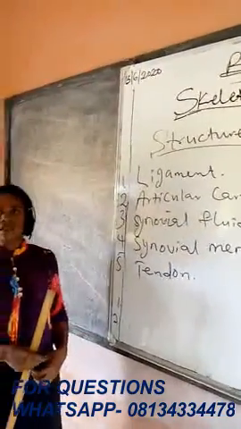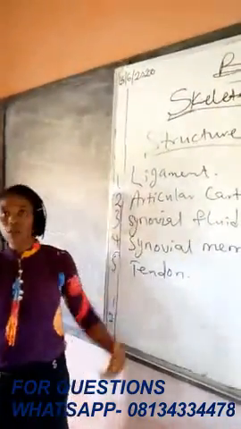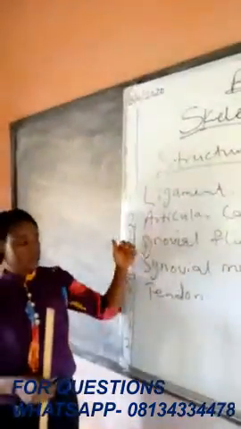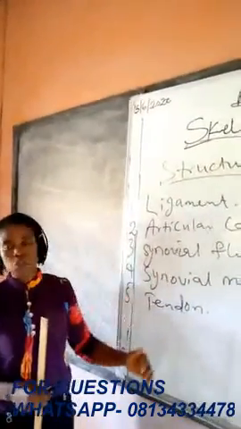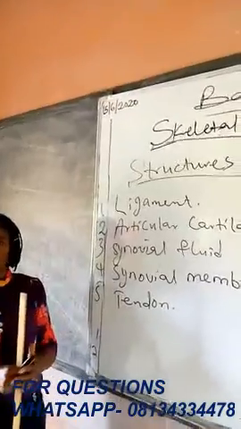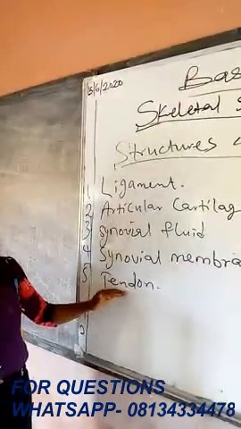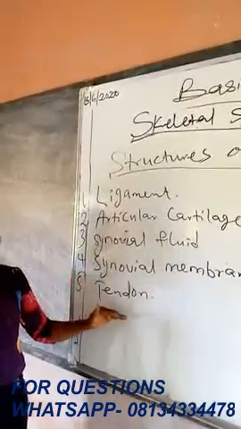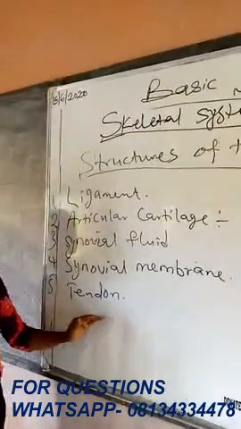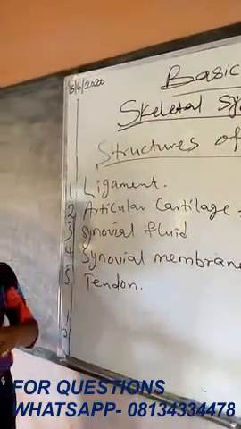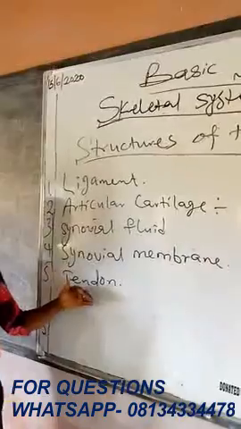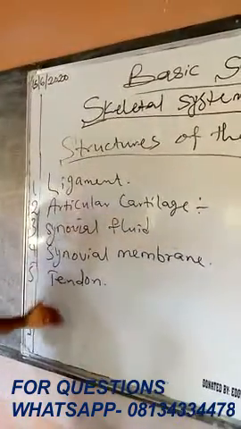Without the skeleton, the body cannot function. Without the muscle, the body cannot function. And the tendon is that material which attaches these two together, the muscle and the bone.